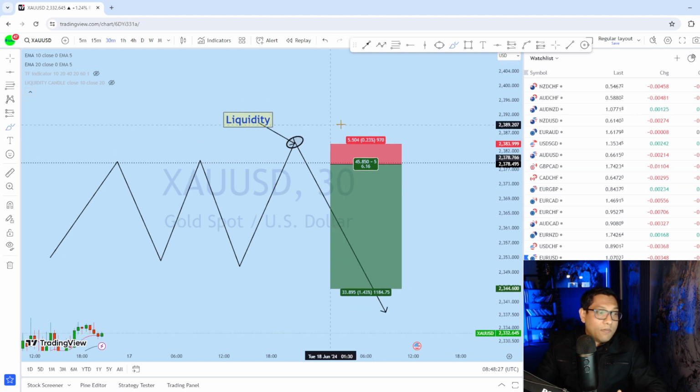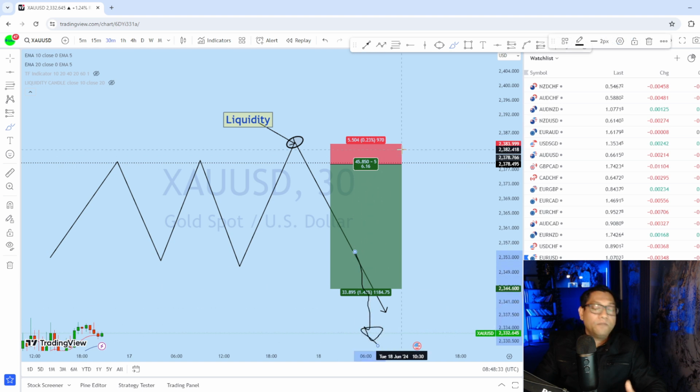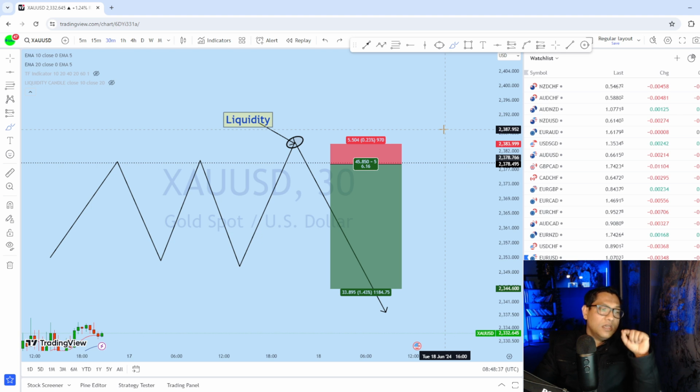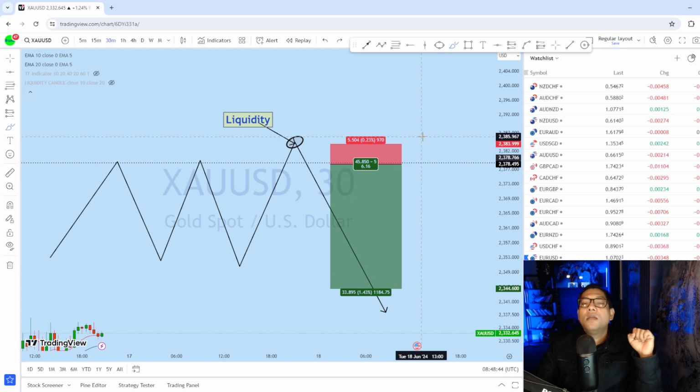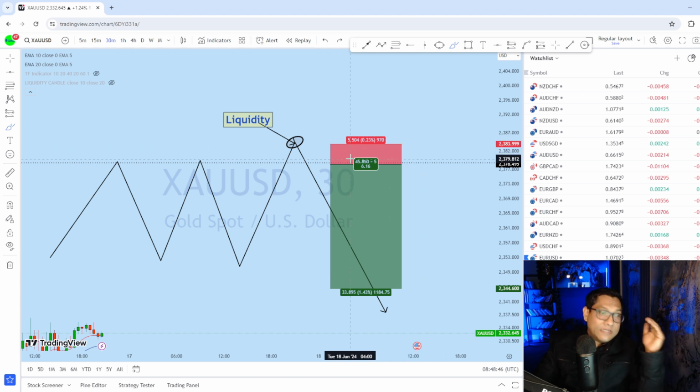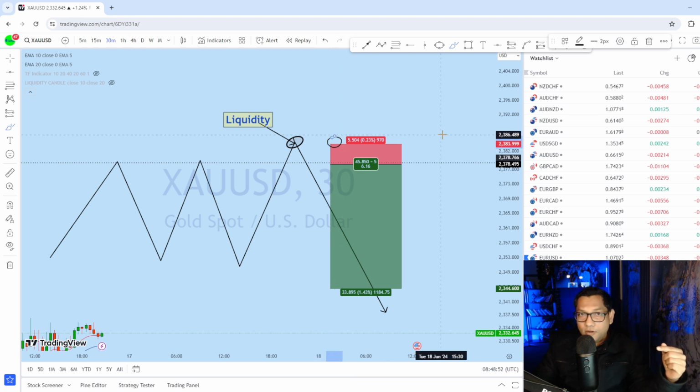And once the market grabbed that stop loss, that liquidity, the market drops way more than it should. Why? There is only one reason: when the stop loss is hit, all the sellers who sold this market, their stop loss is a buy order.